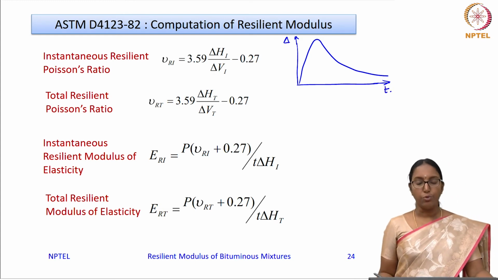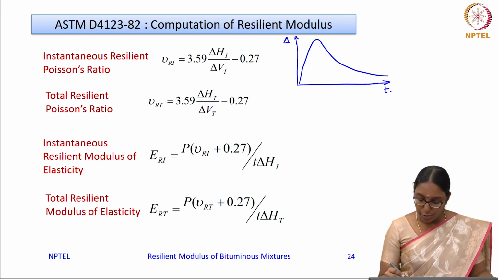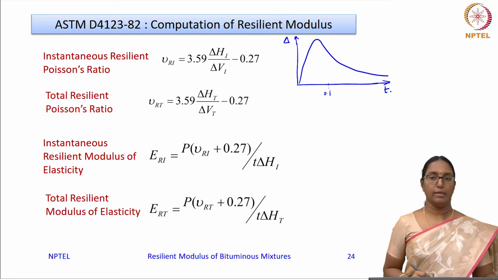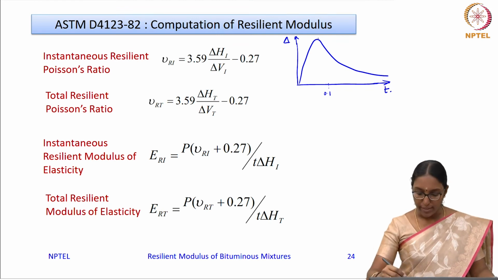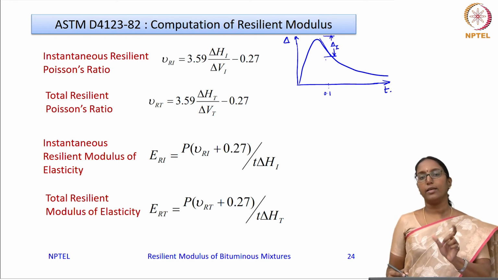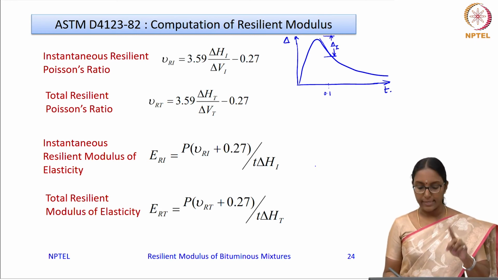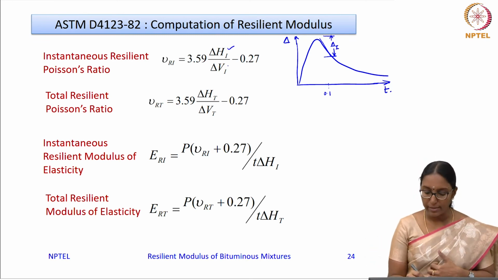First of all, you have to note how much is the instantaneous deformation. As I said, during the recovery, suppose this was your 0.1 loading cycle. When the load is unloaded, instantaneously there could be a certain amount of deformation. That deformation will be marked as delta instantaneous, delta I. Suppose I am looking at the horizontal LVDT, I will mark it as delta HI, and when you are looking at the vertical LVDT, you mark it as delta VI.